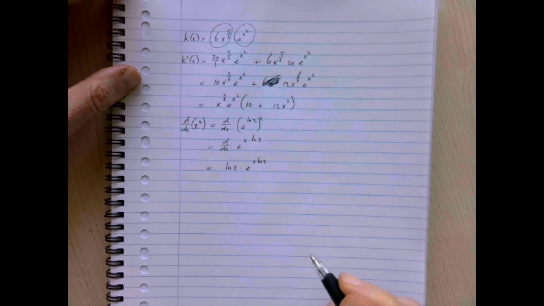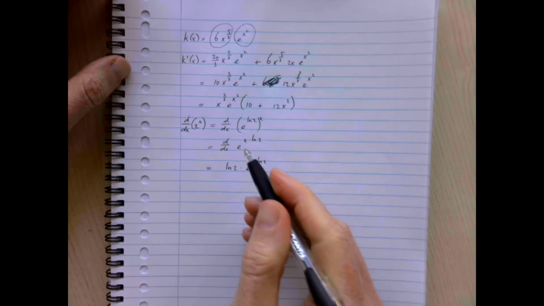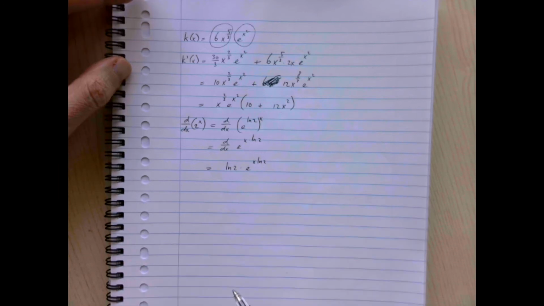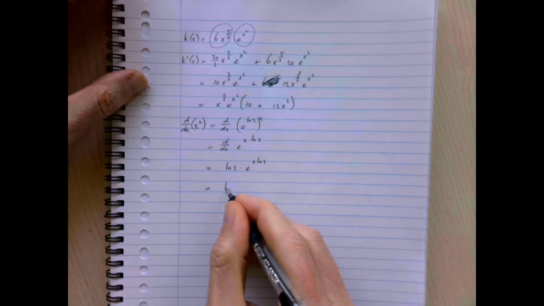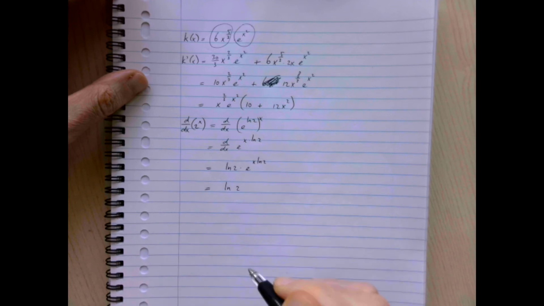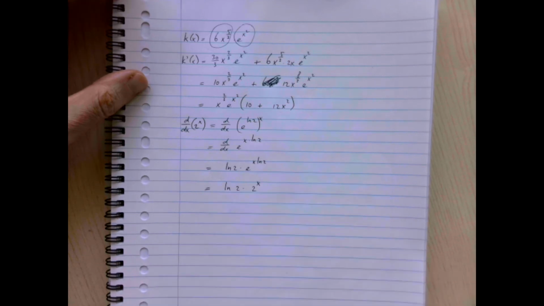So this is fine, we're basically done, except that we might again rewrite e to the power x log 2 as 2 to the x, which it is equivalent to by going in the opposite direction with rewriting stuff. So the final answer here is going to be log 2 times 2 to the power x. So this is going to be the solution to the derivative of 2 to the power x.